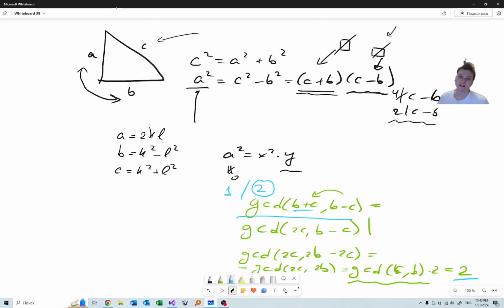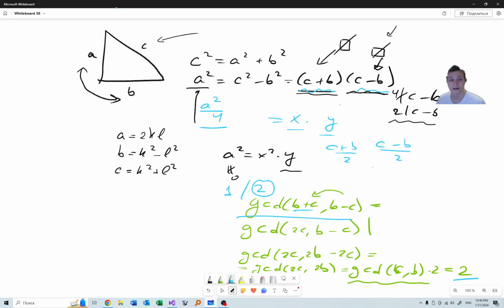This means that if we divide both of these numbers by 2, they become relatively prime. If we divide the left part by 4, it also becomes a square. So now a square is a product of two relatively prime numbers. This means that they are both squares. So c minus b over 2 is x squared, and c plus b over 2 is a square.